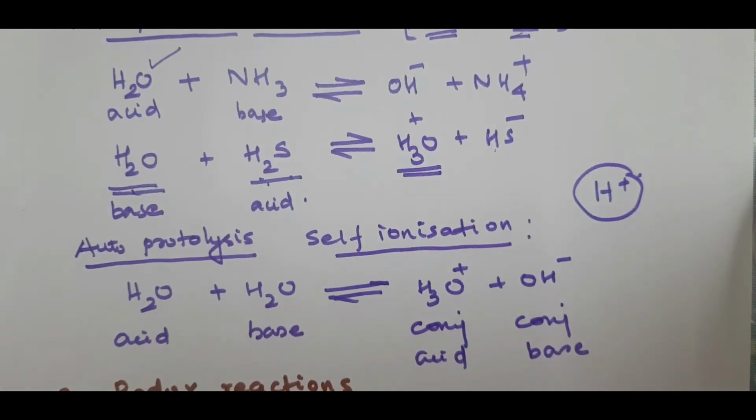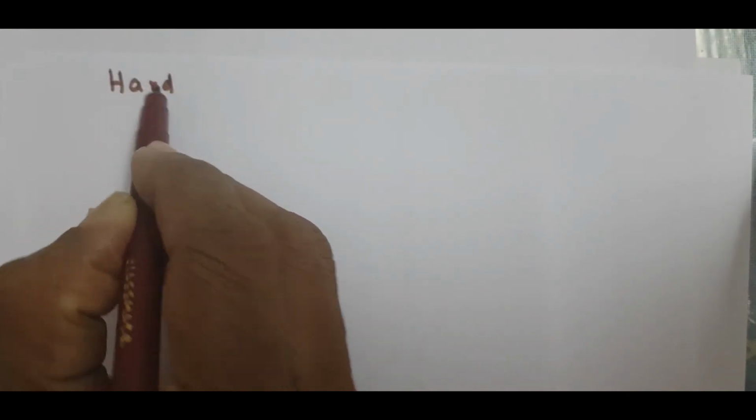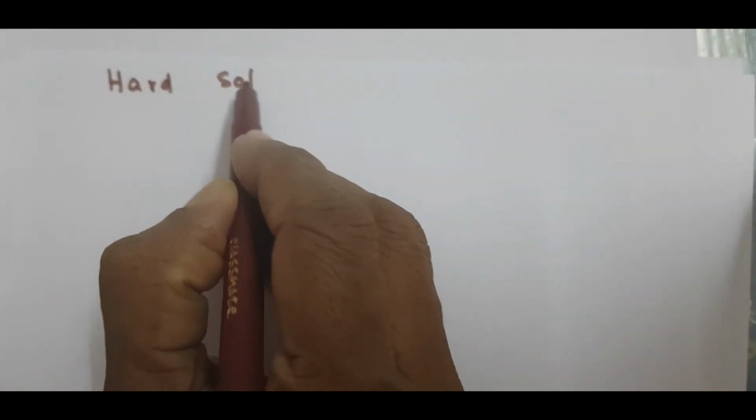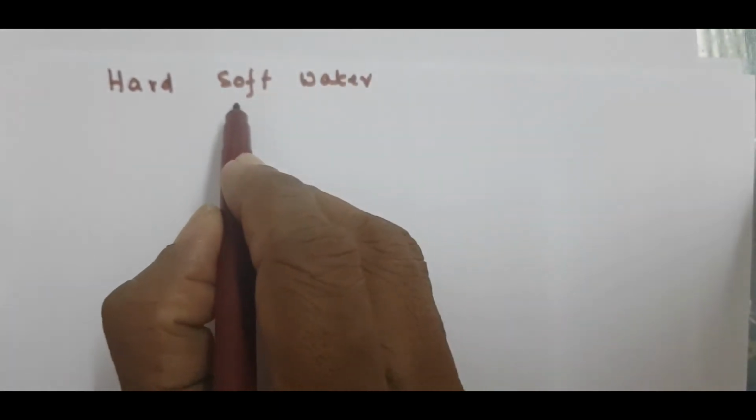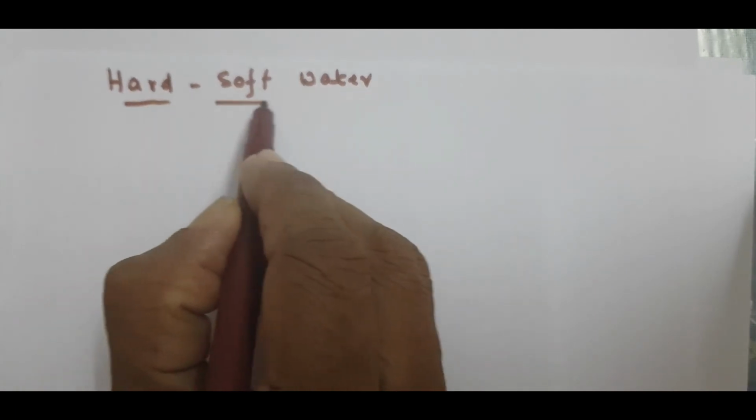Okay, now we will move on to the next topic, hard water and soft water. You know what hard water and soft water are. What we get is simply soft water, isn't it? How do you differentiate hard water and soft water?